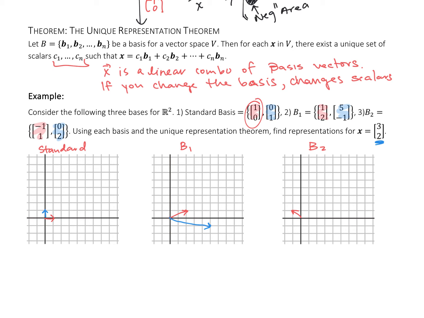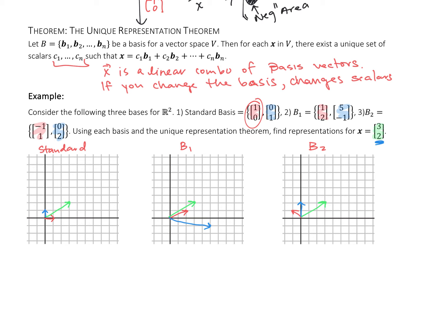And 0, 2 is along here. And then I'm going to graph x in each of these bases. So we'll let x be this lovely little green vector. That's going to be in the same place for all of these, so there's x in all of my bases.